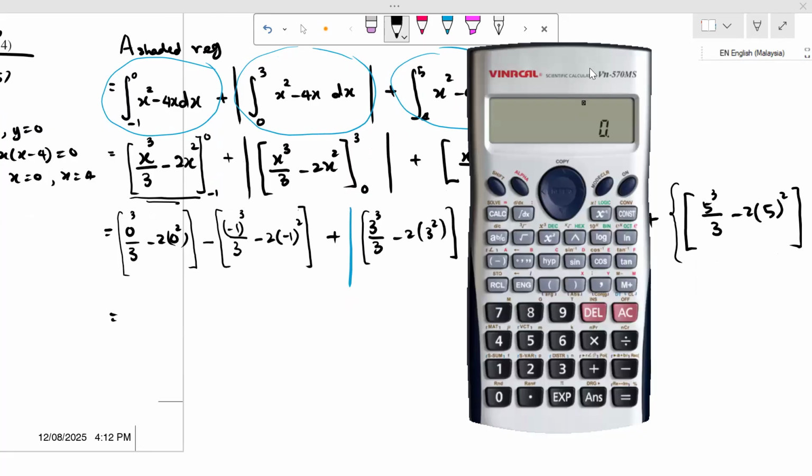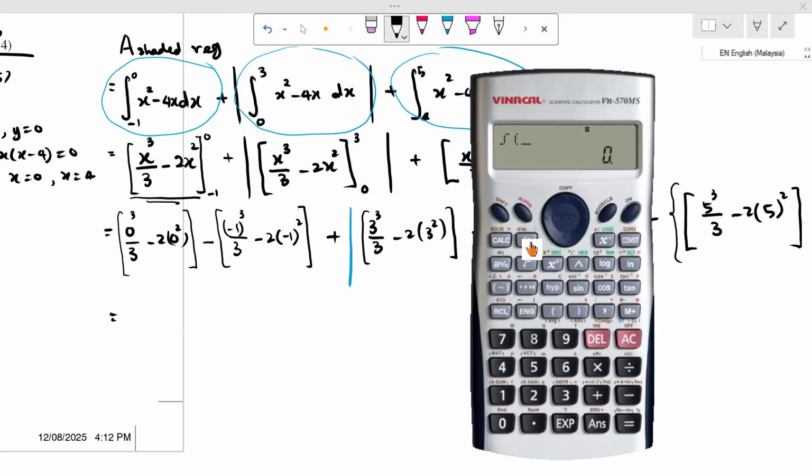Right, how? Integrate, key in the original, x squared minus 4x, yeah? So x squared minus 4x, comma, okay, put the boundary in, negative 1 to 0. Negative 1, comma, 0.